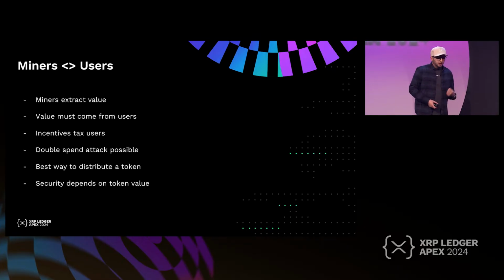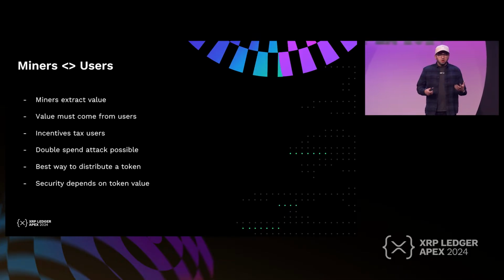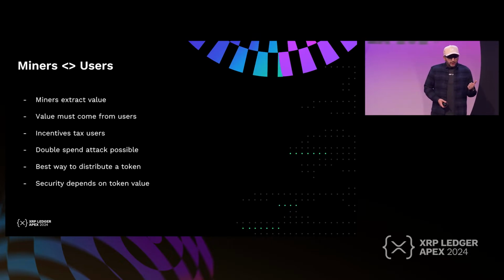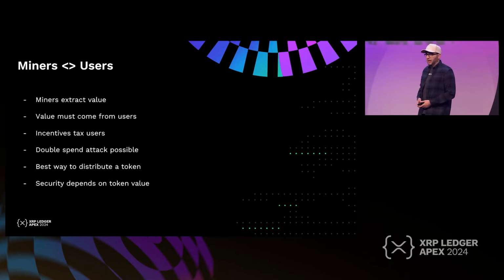It's costly, they need that. The value must come from the users, because all this Bitcoin, daily millions of dollars, gets sold to the market, and the users have to buy that up, because that's how they finance the expensive mining. The incentives tax the users, because again, they have to buy that supply. And double spend attacks are possible, of course. Let's think of 51% attacks and so on.